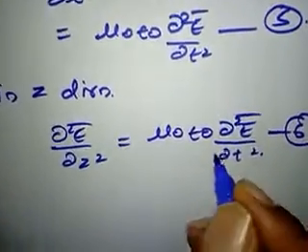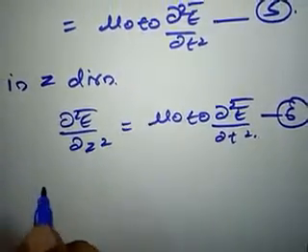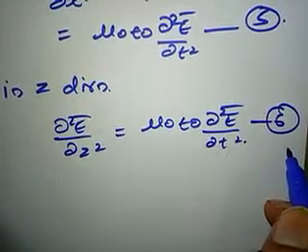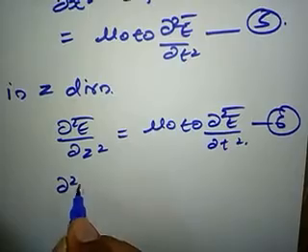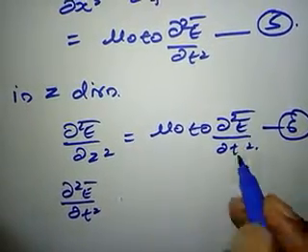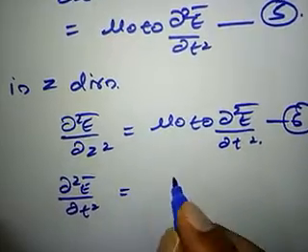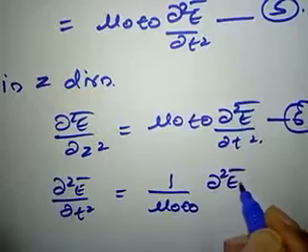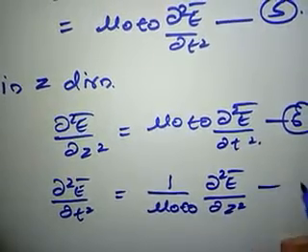Multiplying equation 6 and rearranging the terms, I am rearranging for dou square E bar by dou t square. This will be equal to 1 upon mu naught epsilon naught times dou square E bar upon dou z square.